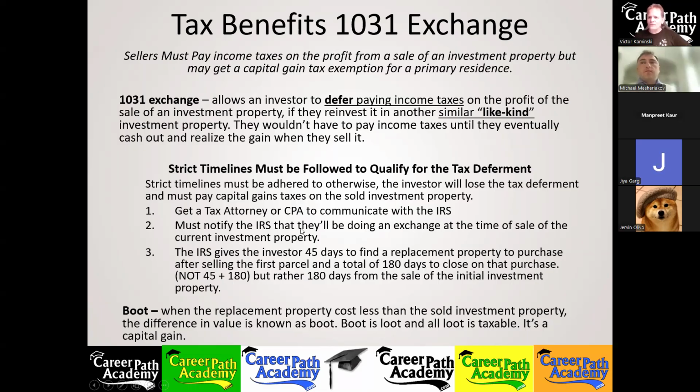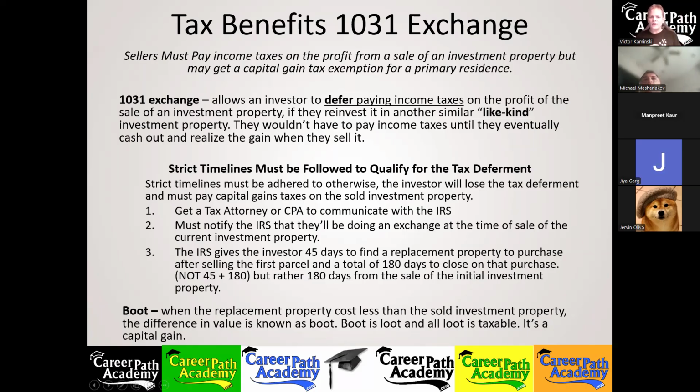You have to notify the IRS that you're going to be doing an exchange at the time of the sale of the current investment property. Then the IRS will give that investor 45 days to find another property that they want to buy as the new investment property.